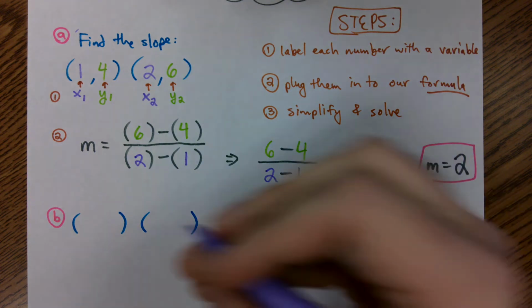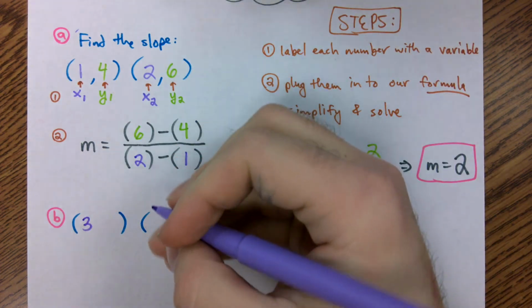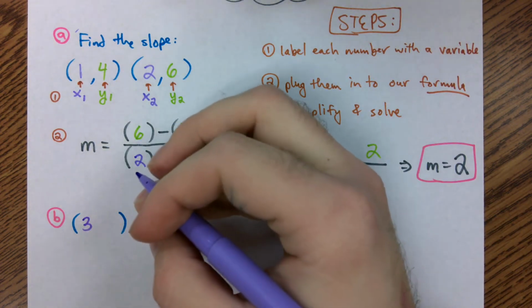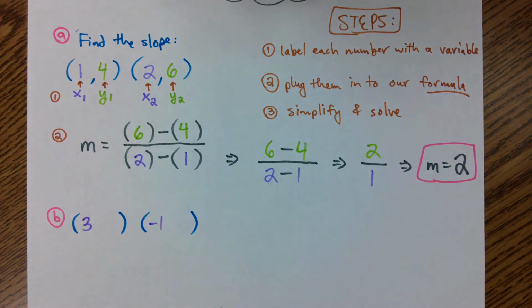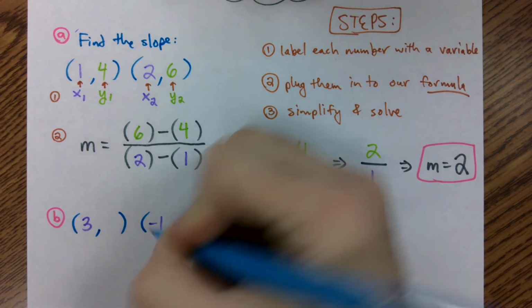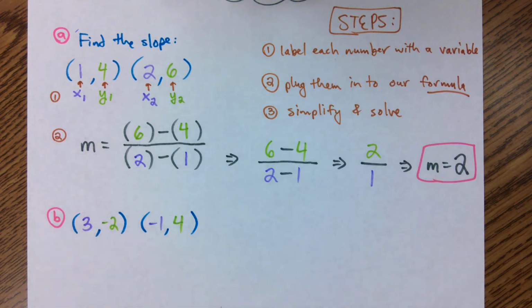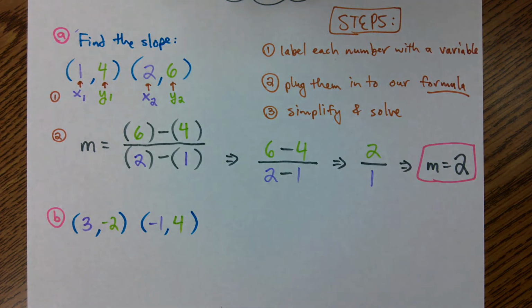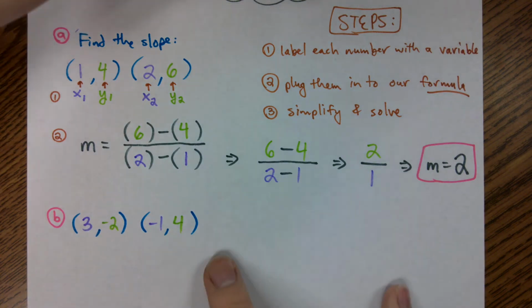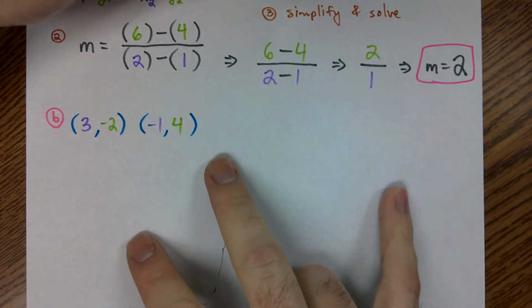So let's do this. 3 comma -2 and -1 comma 4.